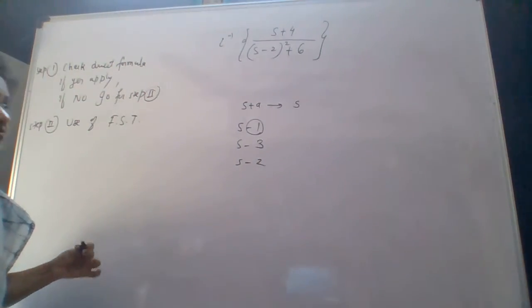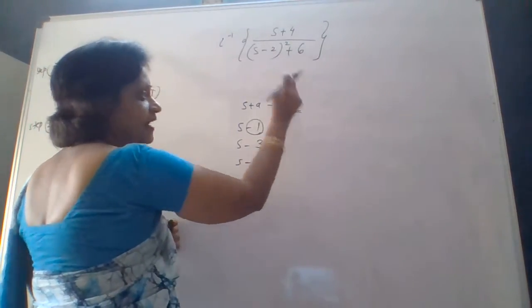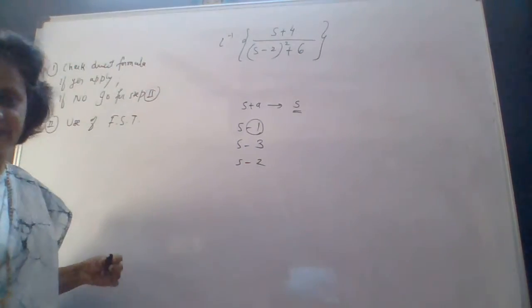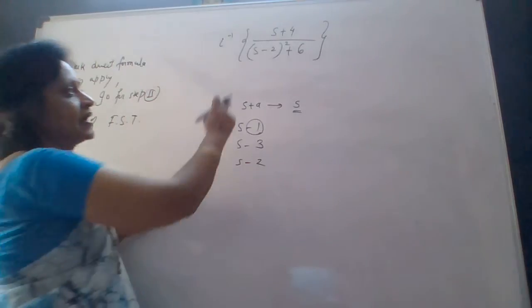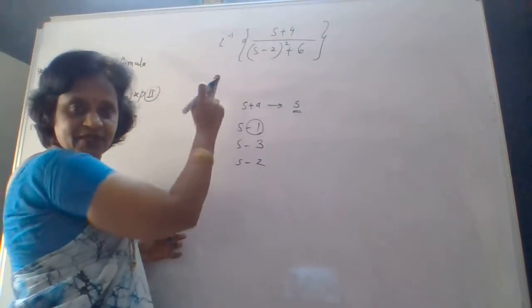If we can replace s plus a by s, and by replacing by s are we getting a standard formula? That is just a checkpoint. We are not writing this. What I said is, can I replace any s plus a by s? Yes, I can replace s minus 2 by s.